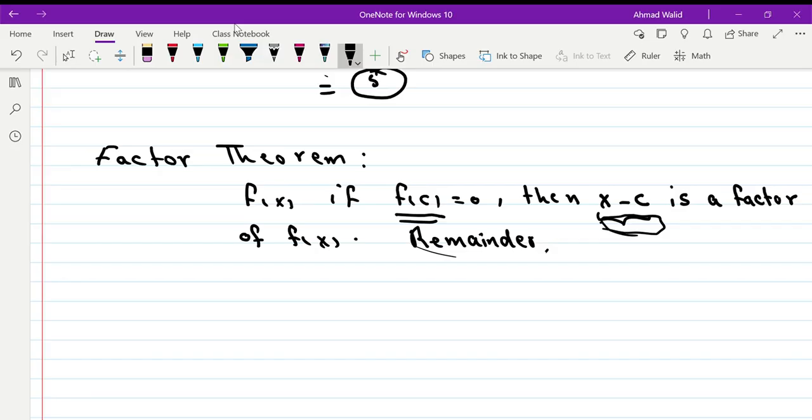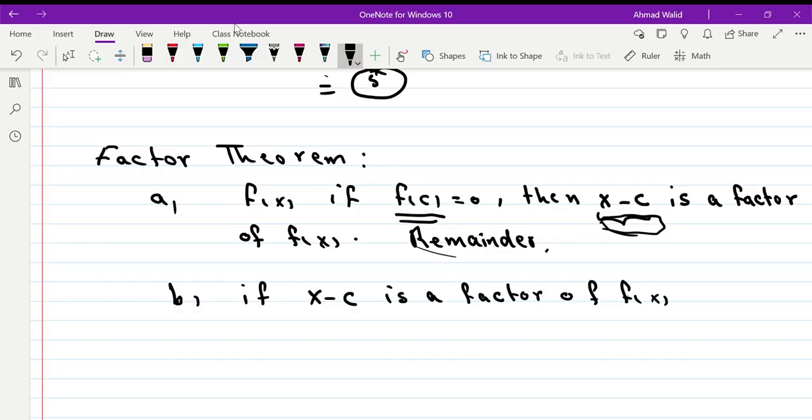This is A. B: if x minus c, which is your divisor, is a factor of f of x, it's the opposite way of A, then of course f of c is equal to 0.